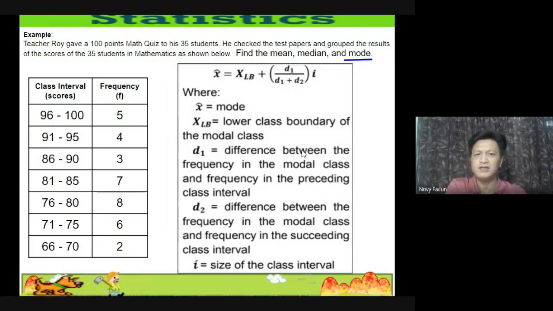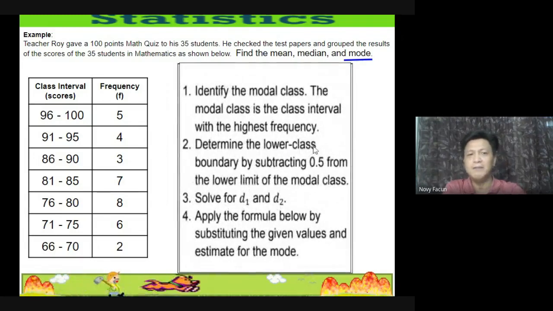Okay, yung d sub 1 na to, ito po yung difference of the frequency of the modal class below the modal class or the frequency. Okay, yung ating namang d sub 2 na yan, yun yung difference of the modal class, I mean the frequency of the modal class above the frequency of the modal class. Okay, times I. Yung I naman dyan is the size of the class interval. So how are we going to get the mode?